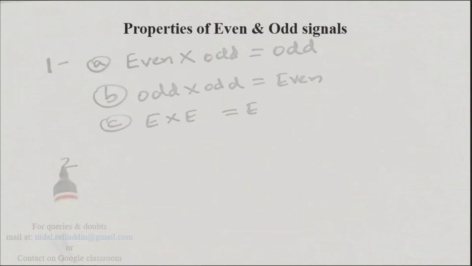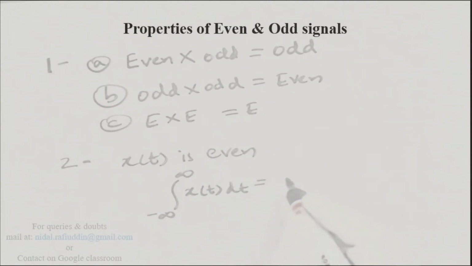The second says that if x(t) is even, suppose we have a signal which is even, then if you integrate this from minus infinity to plus infinity, you can represent it as 0 to infinity 2 times x(t) dt. If you clearly understand the definition of an even signal, you will be able to get what is written here.